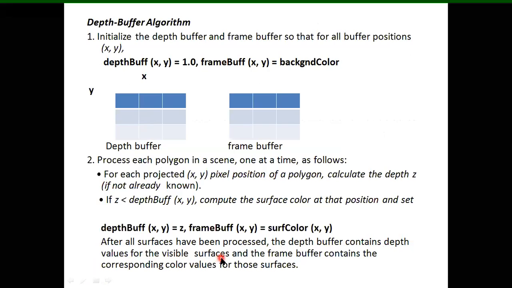Now, after all the surfaces have been processed, the depth buffer contains the depth values of the visible surfaces, the front faces. This contains the Z values of all the front faces, because I'm comparing less than. Obviously, the nearest plane's Z value will be less than the farthest plane's Z values, and the nearest plane means the front face of the first object, which needs to be displayed.